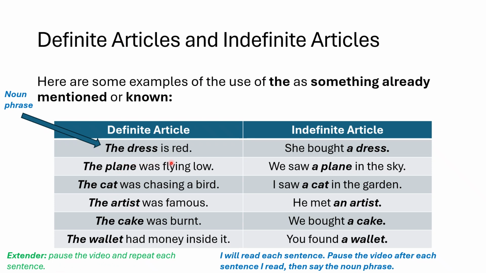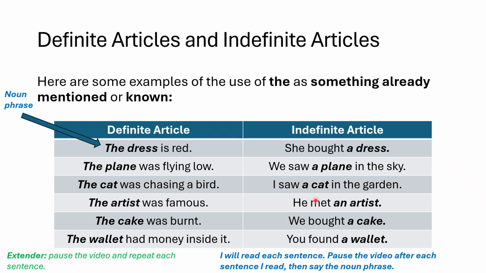The dress is red. She bought a dress. The plane was flying low. We saw a plane in the sky. The cat was chasing a bird.